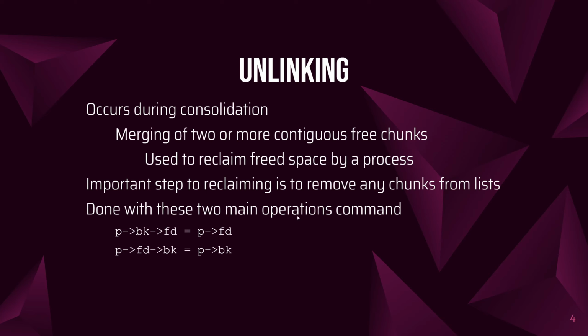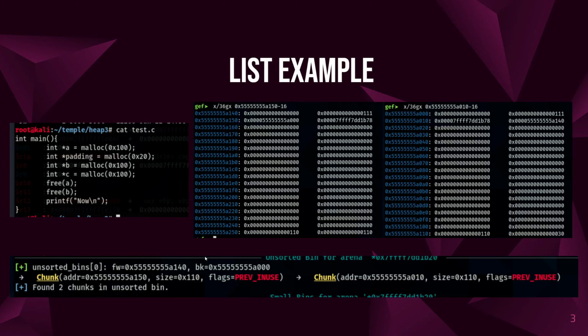It's done with two main operations. The chunk being consolidated: its forward pointer's back pointer gets set to the current chunk's back pointer, and its back pointer's forward pointer gets set to the current chunk's forward pointer. It might look funky, but it's saying we follow A's forward pointer and set its back pointer to A's back pointer, to make sure the chunks are synchronized when we free it.